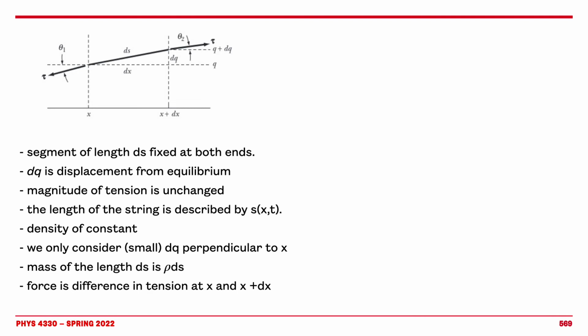Because we are looking at displacement along the vertical axis, the dq, which is the y-axis in this case, we are only interested in the projection of the vector tau, on the left and on the right, on the vertical axis. I think that we have everything that we need now in that text. Let me translate that text into math, and then we should get the right equation. So first of all, let's write Newton's law.